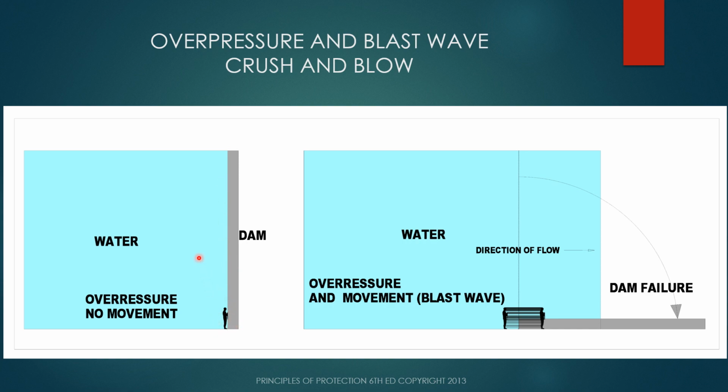He's experiencing overpressure, but he's not moving. If you push the dam over, the dam fails, falls over. Now he's got overpressure and he's moving. He's got this blast wave blowing him across. So over here we have crush, over here we have blow away. It's an important concept because it affects how you design your air manifolds and how you deal with your overpressure control.